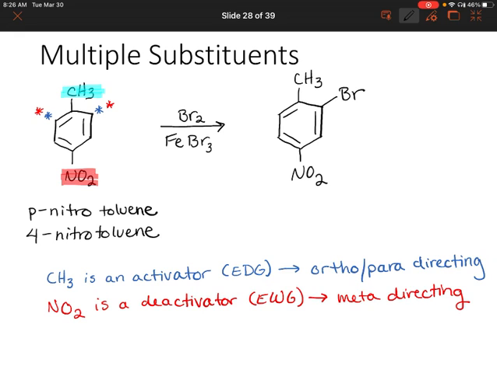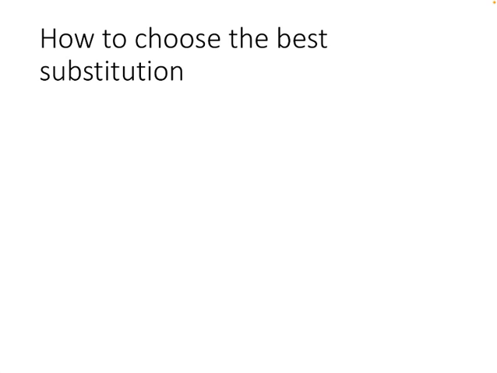Okay, so let's talk about some strategies for solving this type of problem. So how to choose the best substitution position, I guess we could say. So 1, identify the substituents as ortho-para directors or meta directors.